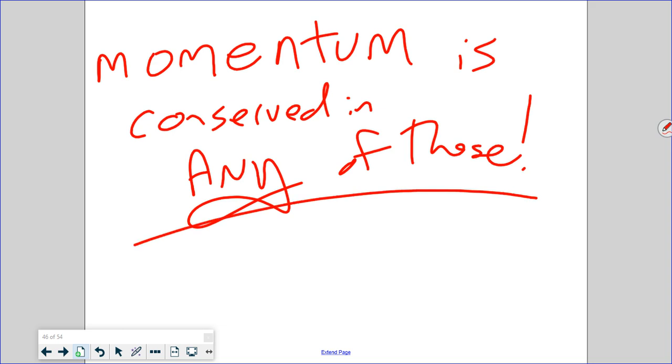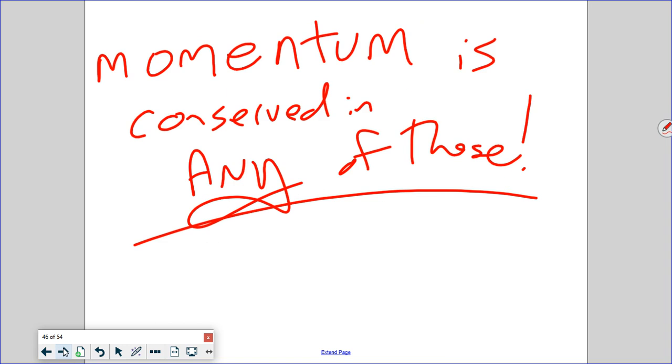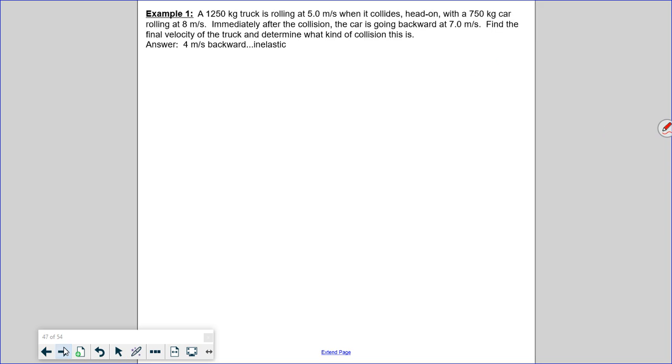All 4 of these, your momentum is conserved. And remember, that means that the total momentum you have before the interaction is equal to the total momentum you have after the interaction. Now, the difference is the energy may or may not be conserved. All right? So let's run through a quick example.